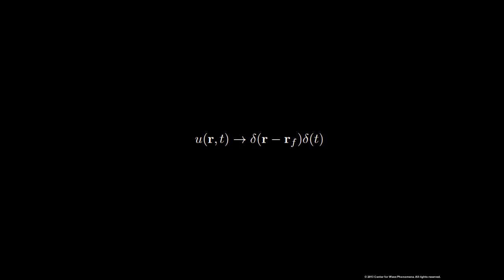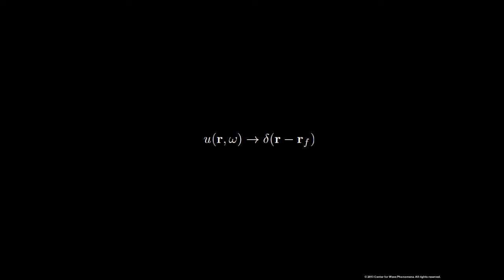And symbolically I can express it as this, which I'm saying that I want my wave field to approach the product of two Dirac delta functions, one spatial with support at RF and one temporal with support at time zero. If I take this to the frequency domain, the temporal dependence goes away. And that means I want each of my frequency components to approach a delta function with support at RF.